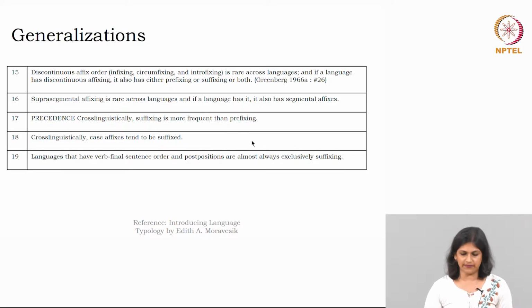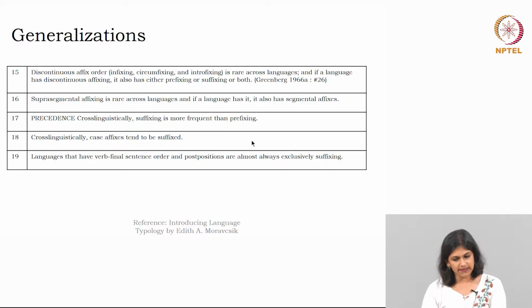You do not find many languages which allow infixes, circumfixes and interfixes. And if a language has discontinuous affixing, it also has either prefixing or suffixing. So, that means these are the rare ones, the less frequent ones. These are the interlocked ones.